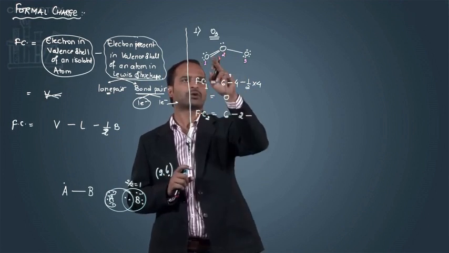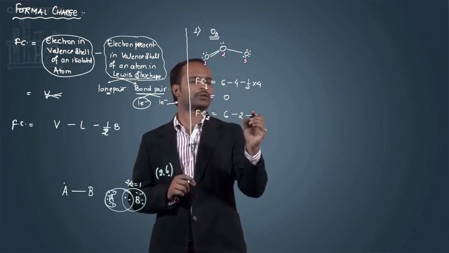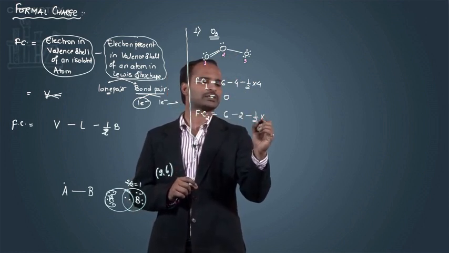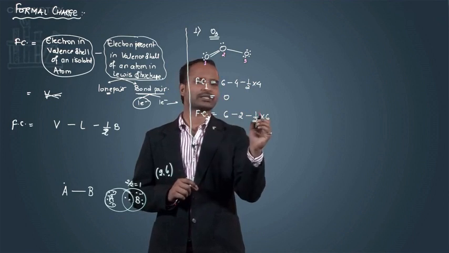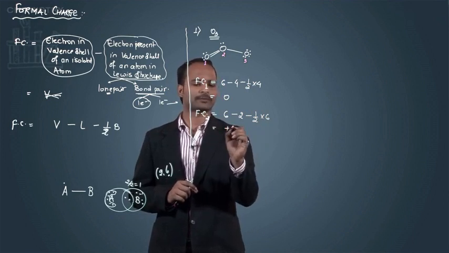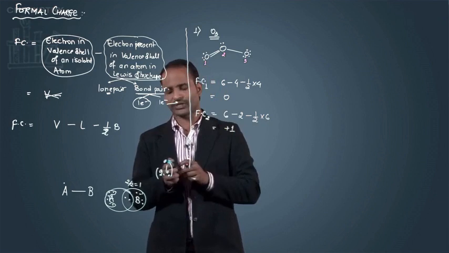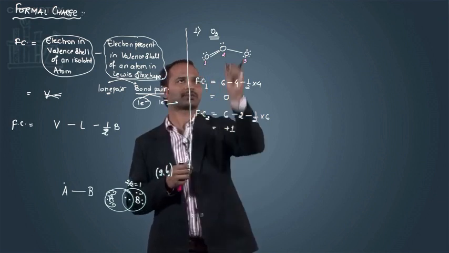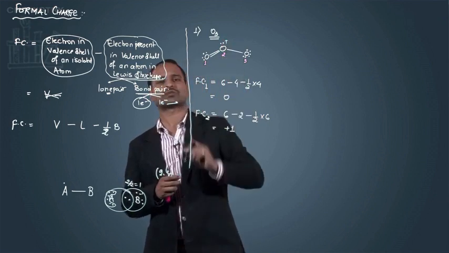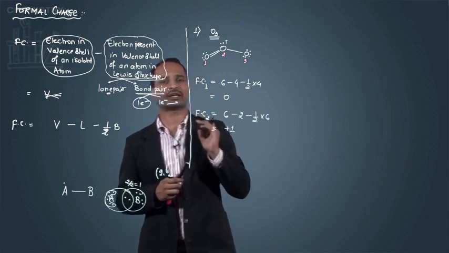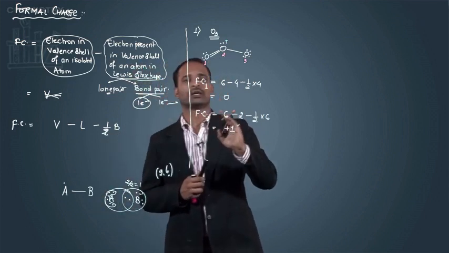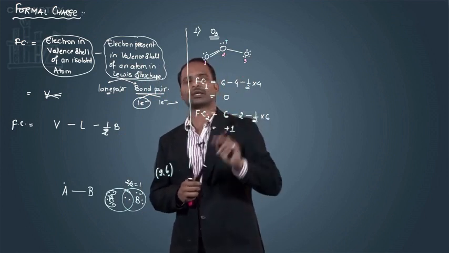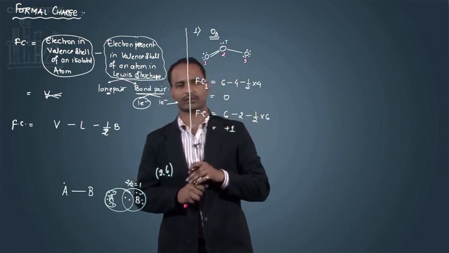It is forming 3 bonds, which means 6 electrons, so half of 6 is 3. So it is 6 minus 2, 4, 4 minus 3, that is plus 1. So this second oxygen is having plus 1 charge. That means it is having 1 electron less in the structure compared to the total electrons present in the valence shell in an isolated form.